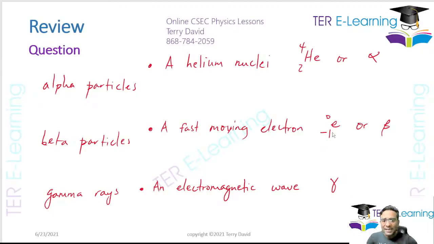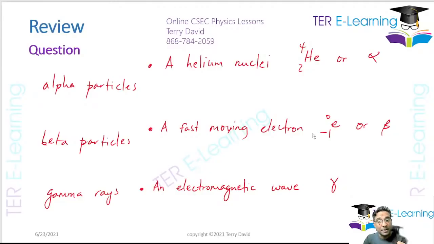Now, there are certain things they can ask you concerning this. They can ask you about the ionizing properties of each of these 3 particles. When we say ionizing, when radiation passes through matter, it knocks electrons out of matter, so it causes matter to become charged. Alpha particles are the strongest ionizer.